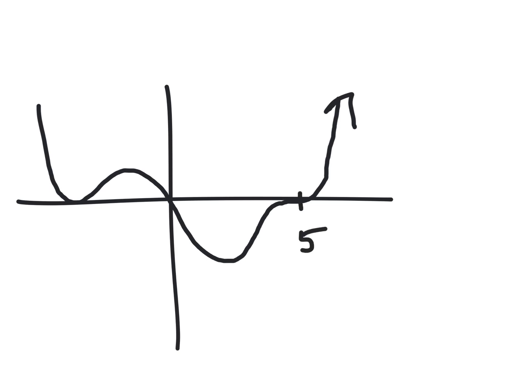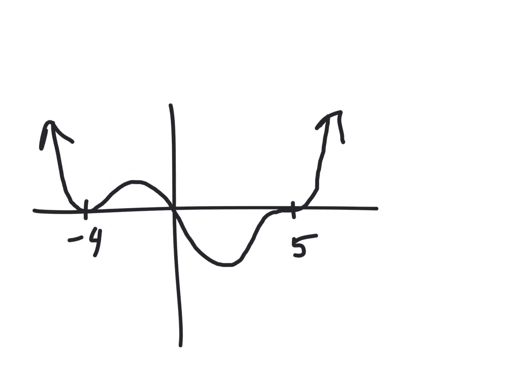There's a bounce. There's a pass through. Slowing down, all of a sudden speeding up. If that's at 5, going through the origin makes it obvious what that number is. And let's say this is -4. Can you give me the equation, like this kind of thing, for that?